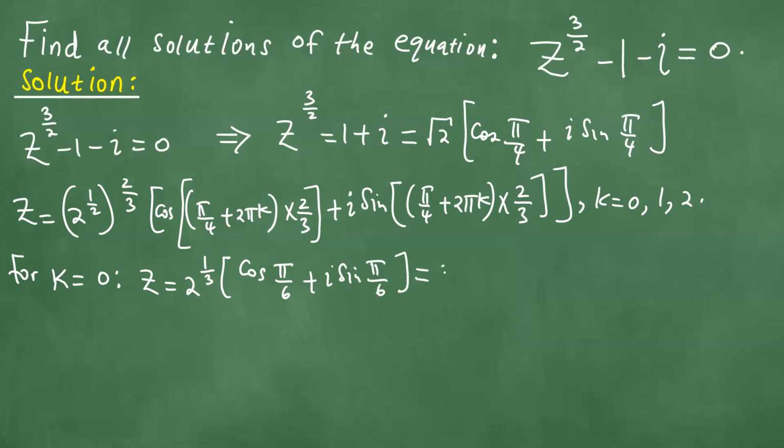Okay, so which is 2 to the power 1 over 3 times, now the pi over 6 becomes exactly the square root of 3 over 2 plus i over 2, which is 2 to the power minus 2 over 3, the square root of 3 plus i.